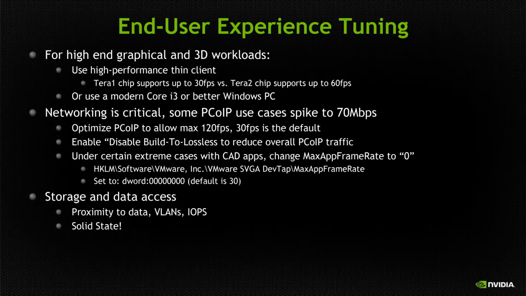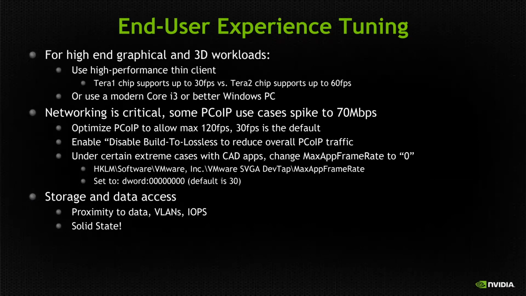Also, the endpoint, if it's a thin client or a notebook or hopefully not a netbook, the faster the CPU is, the faster it can decode this protocol. So that's something also that needs to be considered. And the impact that it's going to have on your network.